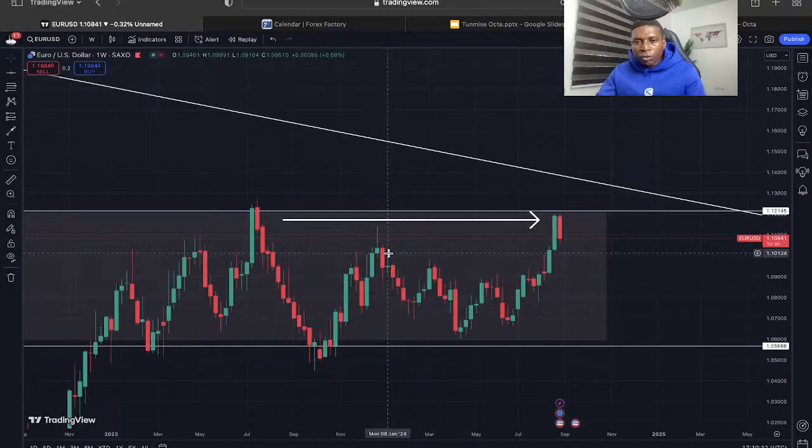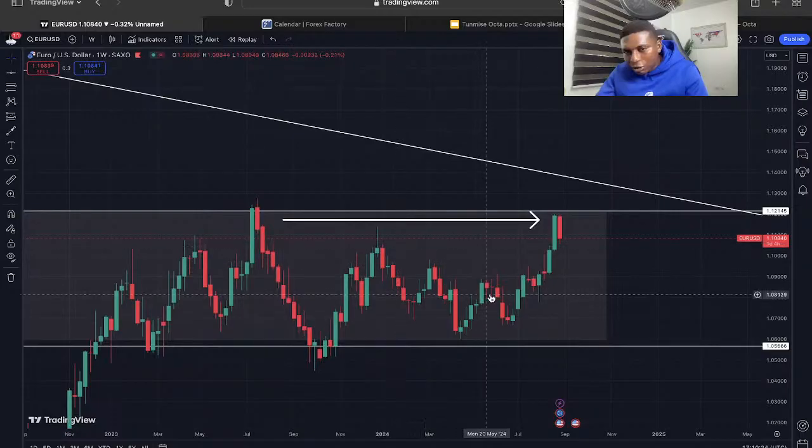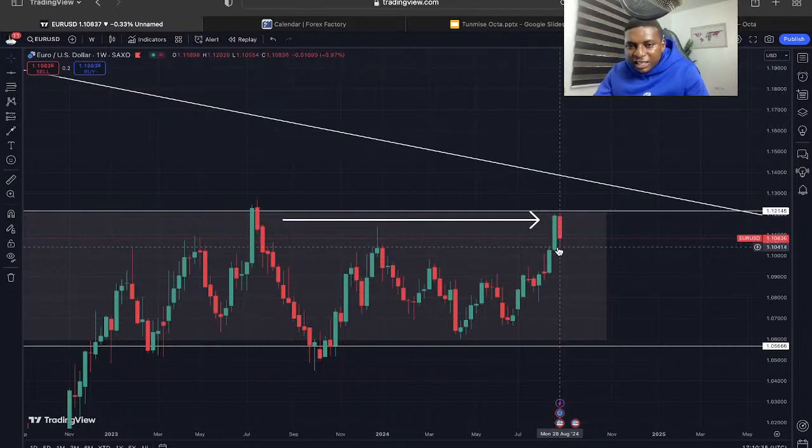Now we can see that it took 34 candles on the weekly time frame, and none of the 34 candles touched the all-time high except the 35th candle. In fact, this level where it got to was only previously attained in July 2023.